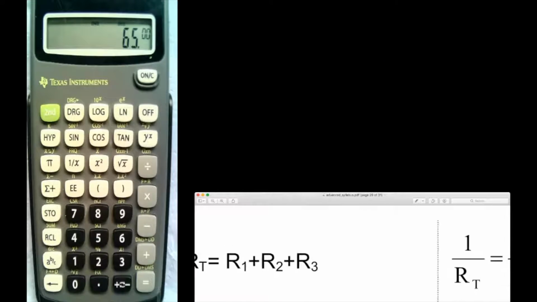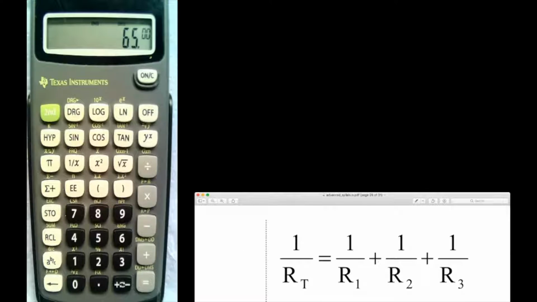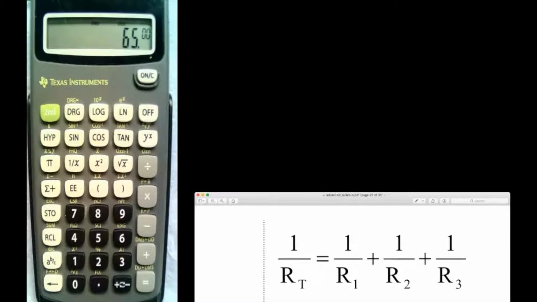If we scroll to the right, on the top row, we see a formula here for resistors in parallel. And it's 1 over RT equals 1 over R1 plus 1 over R2 plus 1 over R3, etc. And there is a video on resistors in series and parallel, which I urge you to look at.